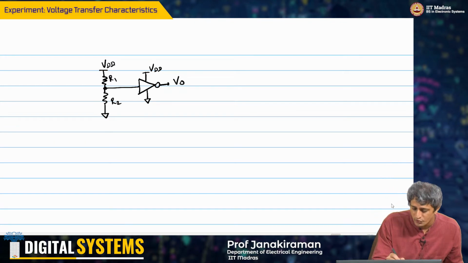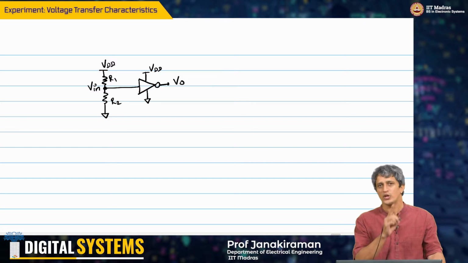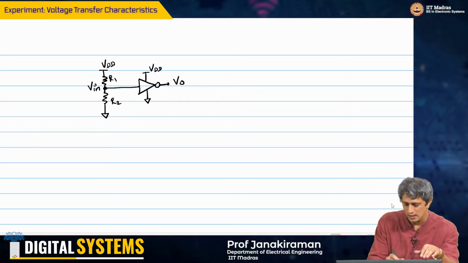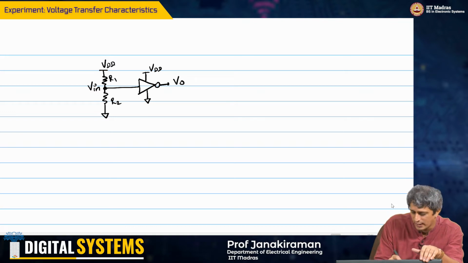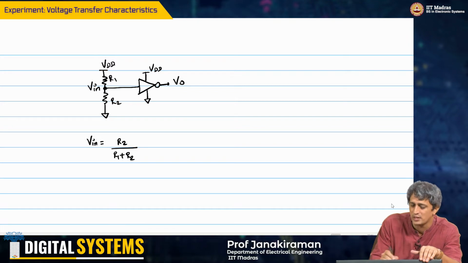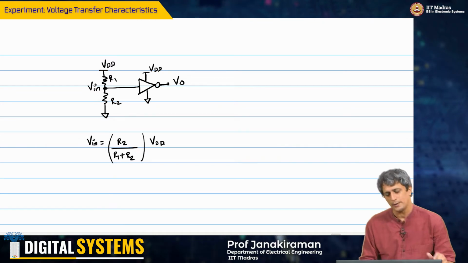So this intermediate point is actually V in to the inverter's input. Now clearly you can write out KCL, KVL and you will understand that V in is simply R2 divided by R1 plus R2, times VDD. We are assuming that no current goes into the inverter.